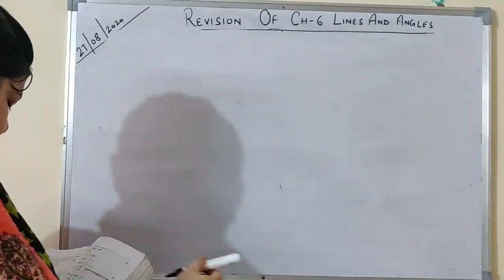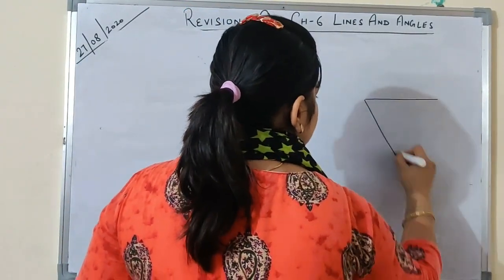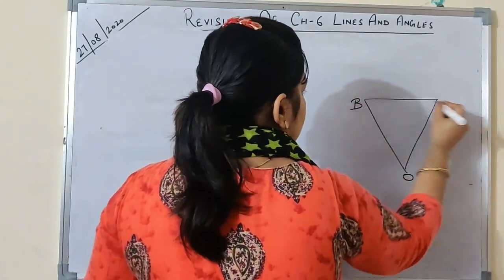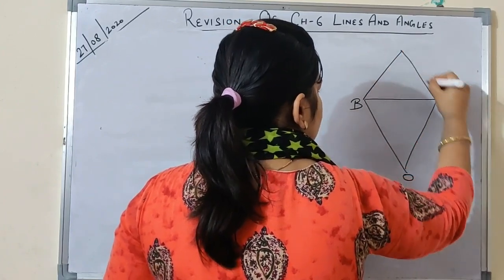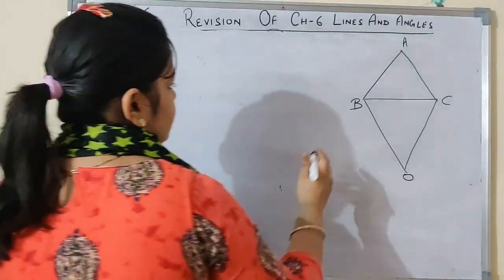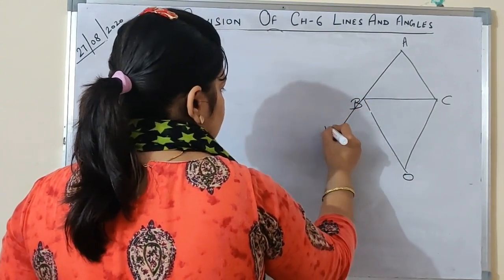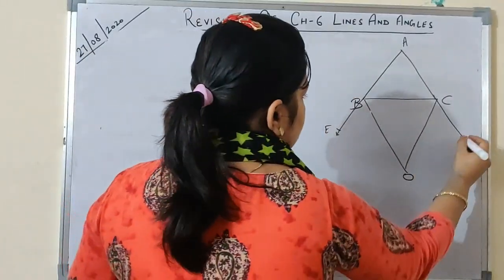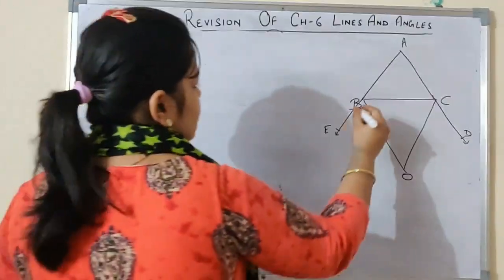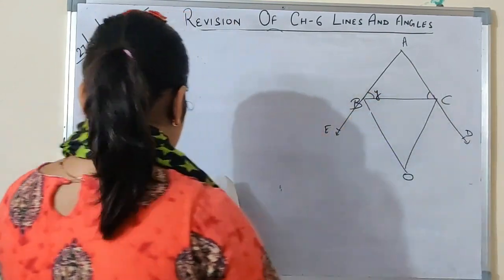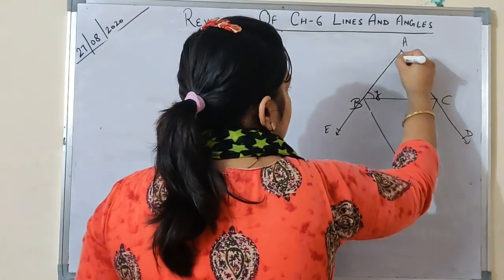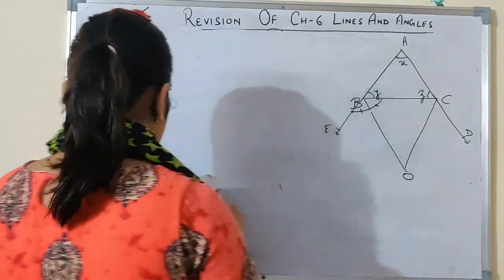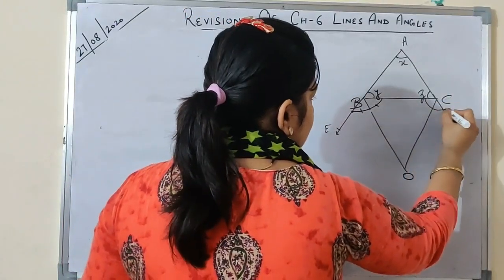Now you can see that this is acting as Y, this is Z, and this is X. So this is given like this.